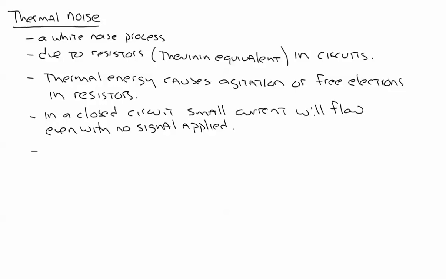Another common way of referring to thermal noise is Johnson noise, after an engineer who first examined the idea of thermal noise very early on. Most of the time you'll hear it referred to simply as thermal noise. Some authors prefer the phrase Johnson noise. They mean the same thing.